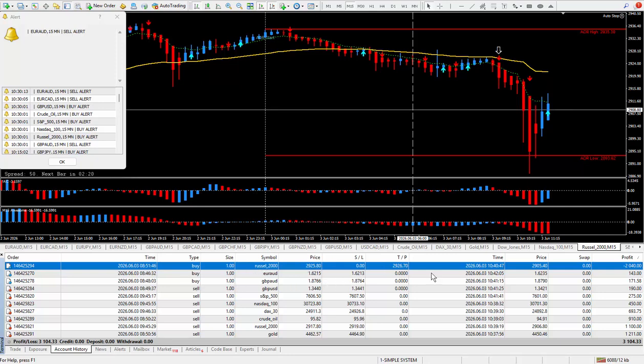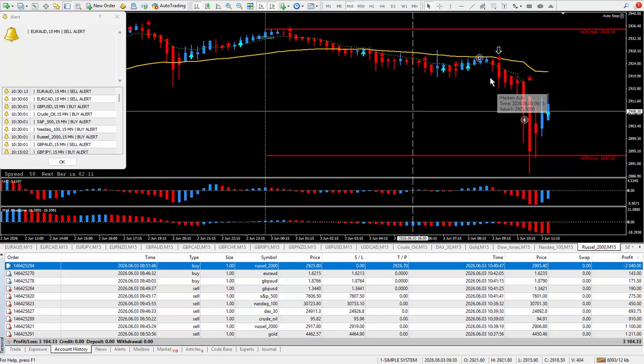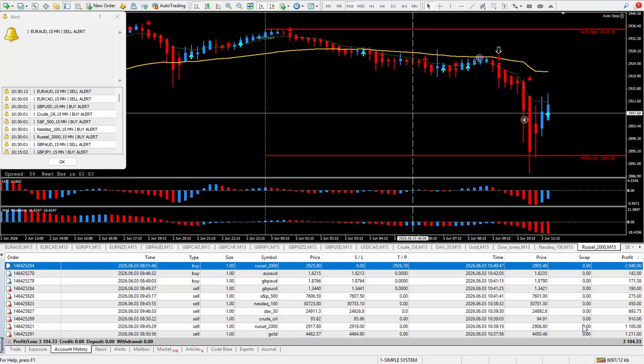So this first one, which was a loser, let's drag and drop this up. Like I said, I wanted to be selling it, but clicked on the wrong button. I wasn't paying enough attention, and I corrected it down here at the bottom. I bought it, but I should have sold it.